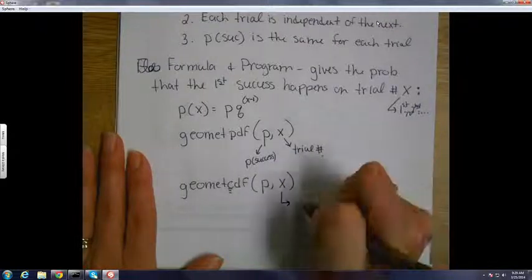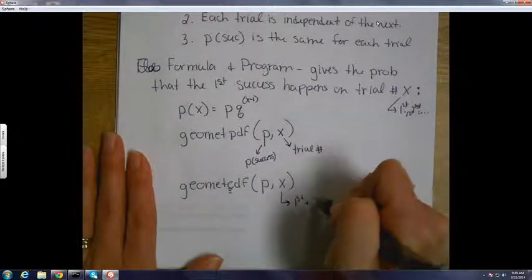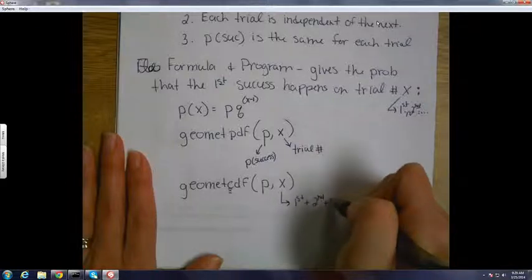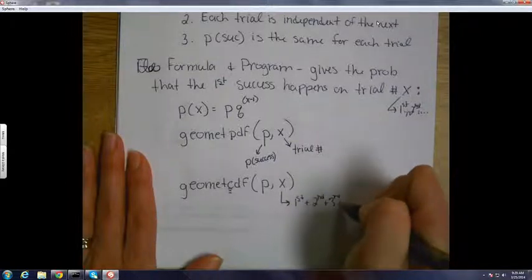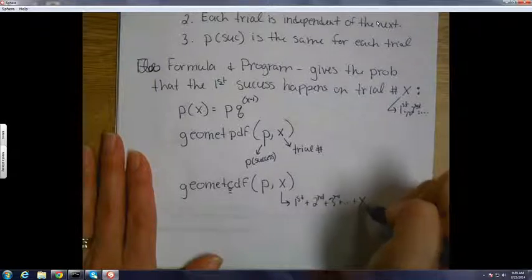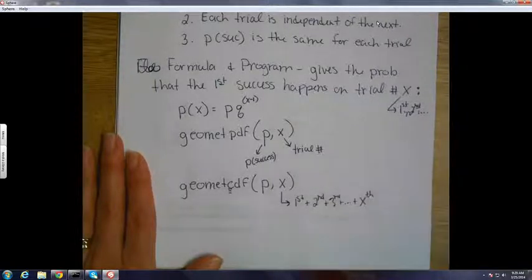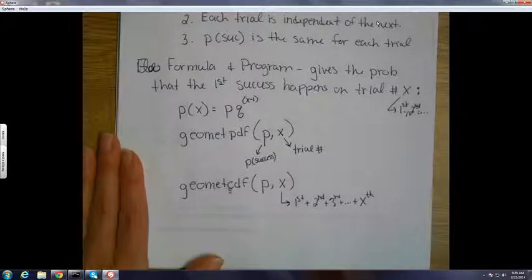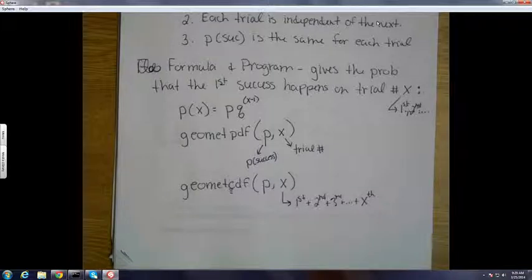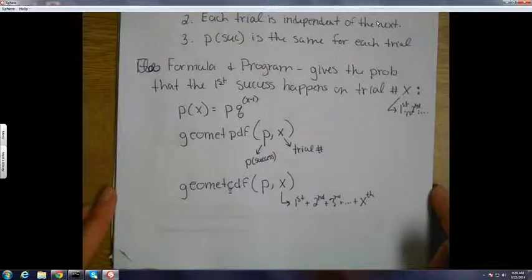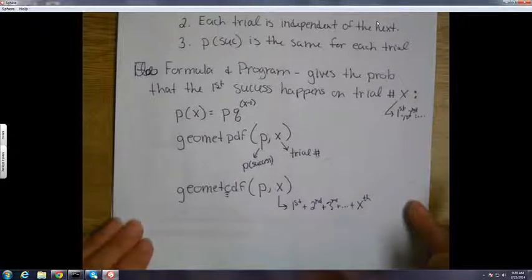The first trial, added to the second trial, added to the third trial, all the way up through whatever X number you put in there. So that adds probabilities. This is supposed to be a little time saver. I think I'm going to give you both of them first and then mix up the examples to see if you can tell which is which. I think I'll do that. Does that sound good? Okay.